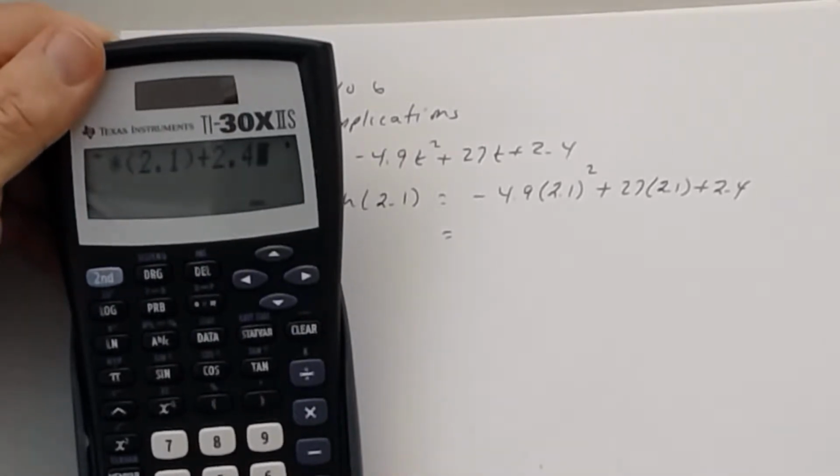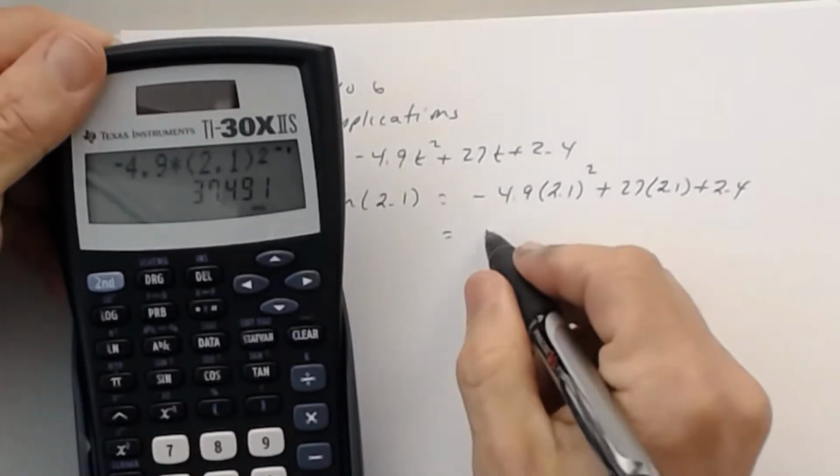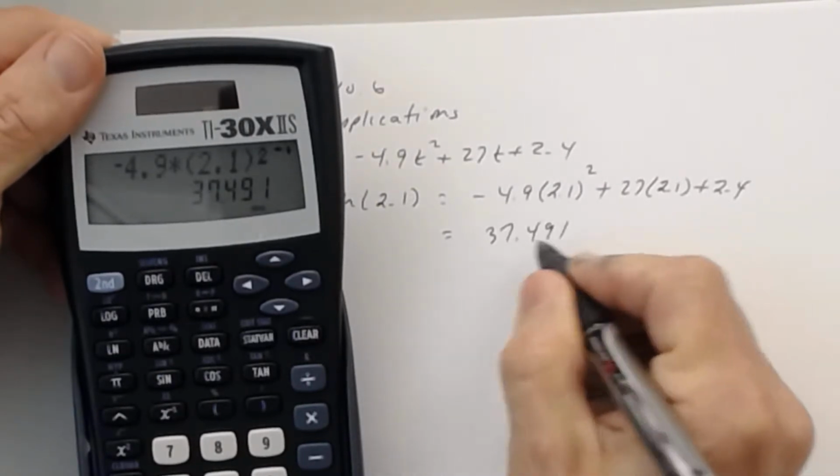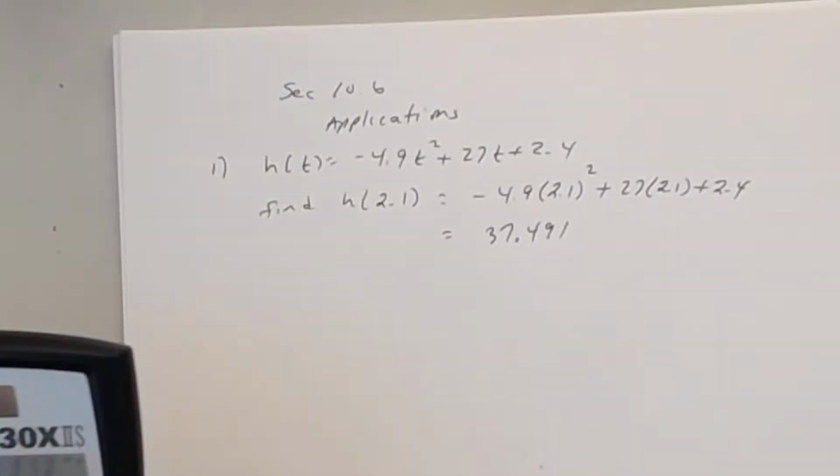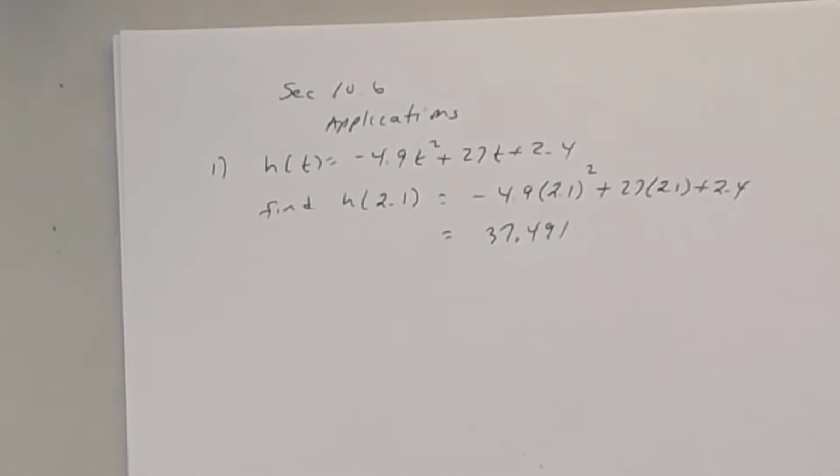If you did this correctly, you should have gotten 37.491. Now that's what I got, so I could have made an error, but did anyone else get that? And we just thought it was 4.9. Okay. And then we put parentheses. All right, so did anyone else get that? Okay. All right, so that's h of 2.1.